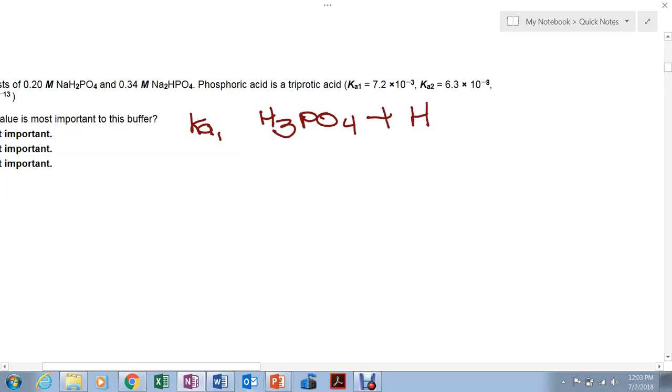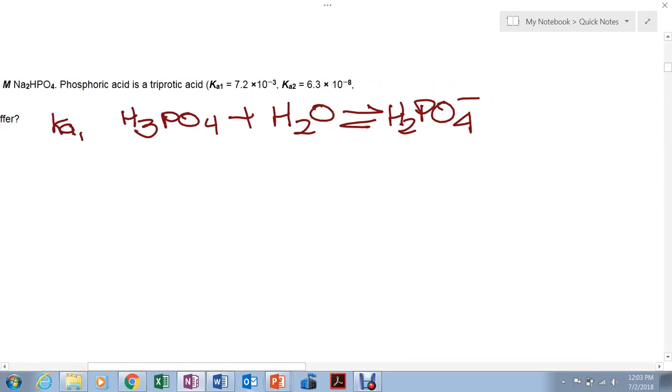We're going to do the ionization of each of them. It gives me H2PO4 negative 1, the conjugate base, because I lost 1 proton, 1 hydrogen, plus H3O plus.